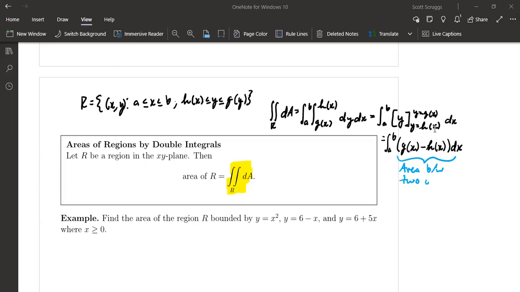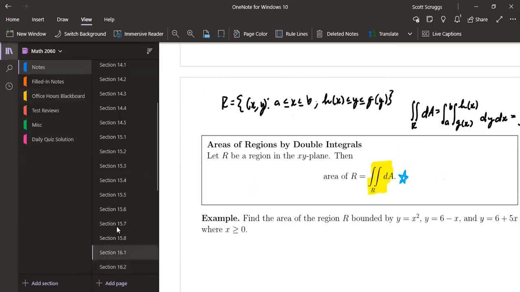And because in the end, we're taking the area between two curves, that is why we have our formula for the area of the region R just being the double integral of the constant 1. And note that this works for general regions. And because it works for general regions, that means it also works for rectangular regions.